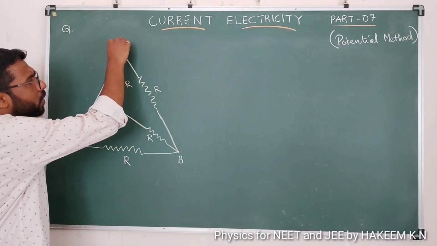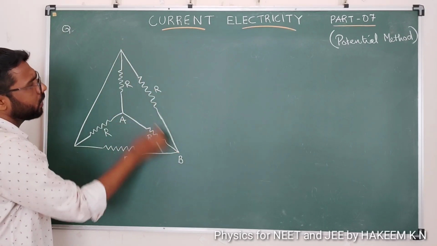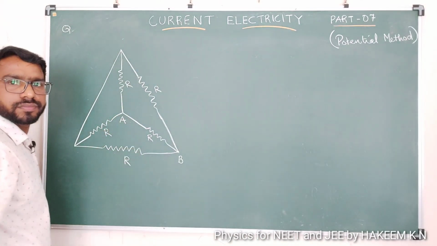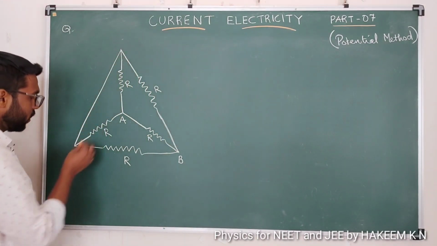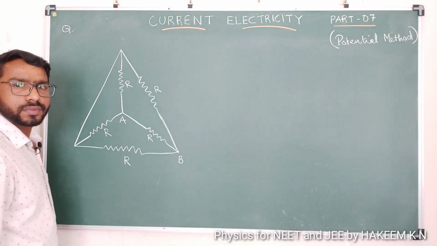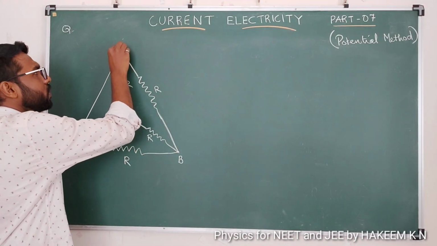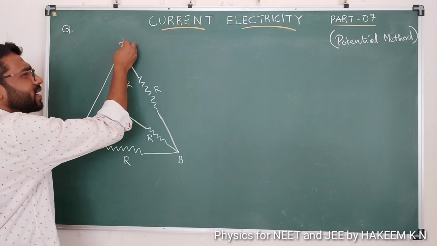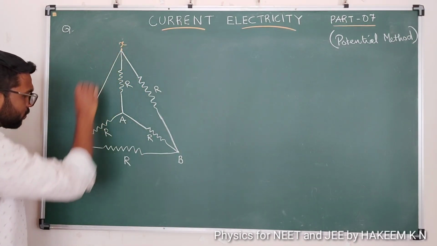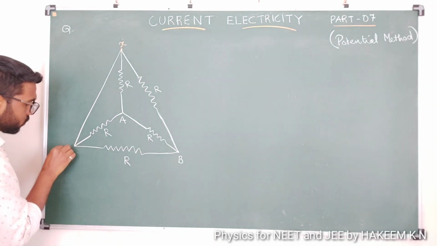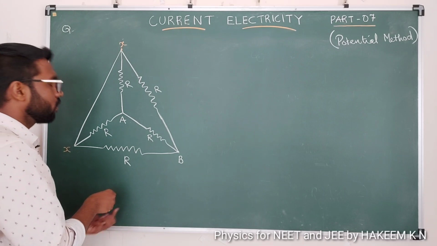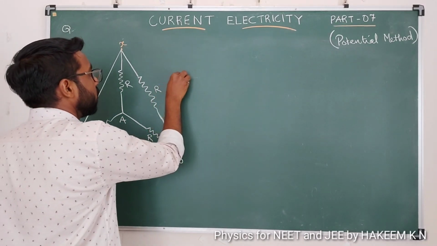Here this point cannot be B and cannot be A because there are resistors, right? And here this point also cannot be B and cannot be A. So I am giving a point X here. So the same X is also this one. Okay. And now we can redraw the equivalent network.